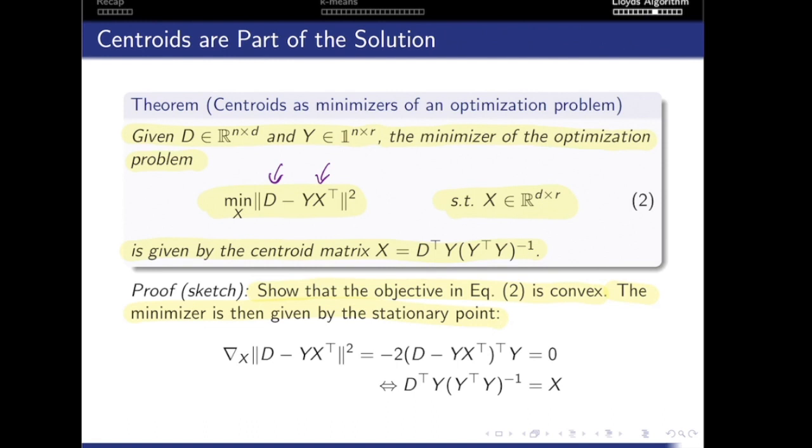So then we compute the gradient, which we have derived already in the optimization lecture. If you want to look that up, have a look there. And then if we compute which points satisfy this condition, we see that X has to have the form of the centroids. So centroids are actually the solution if we have given a cluster assignment matrix.